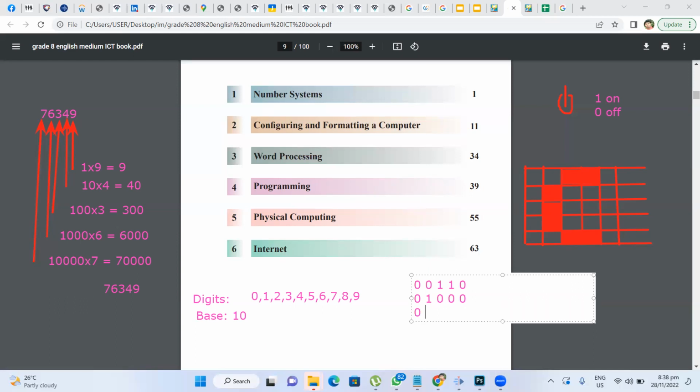Third row, 0, 1, 0, 0, 0. Next row, 0, 1, 0, 0, 0. The next row, 0, 0, 1, 1, 0. Okay, this is how you represent that using the 1-0 notation.